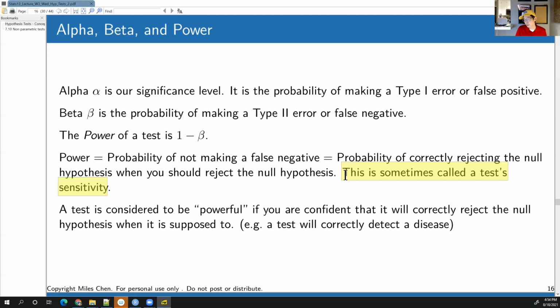And so there is a limitation in power. It's very difficult to get something that's 100% powerful. Similar with, say, pregnancy tests.